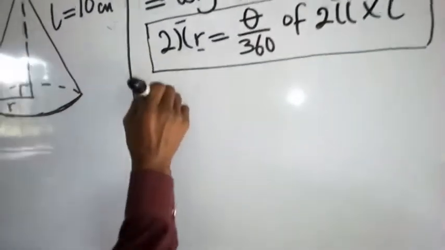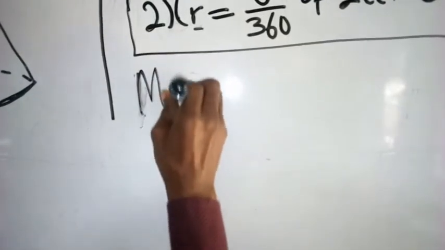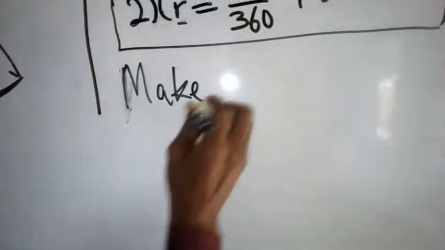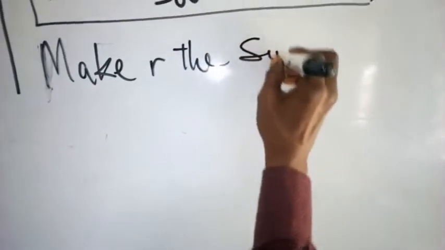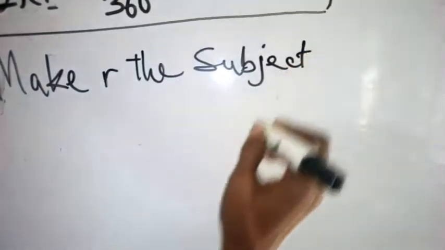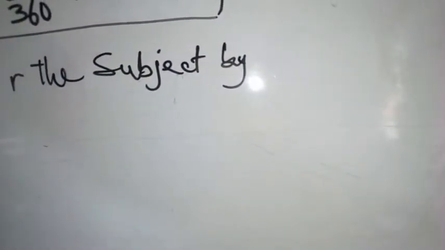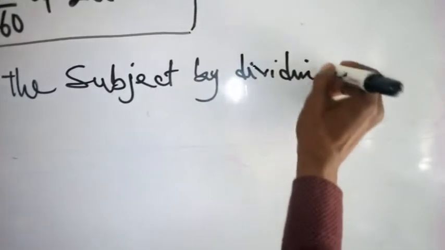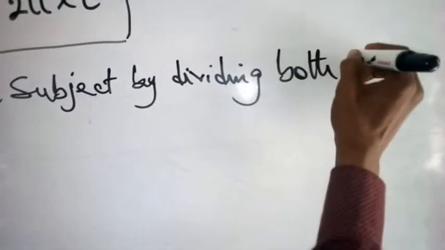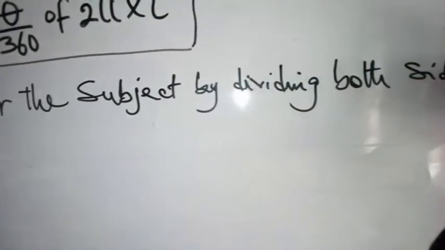It's still going to help you make R the subject of this formula by dividing both sides by 2 pi.